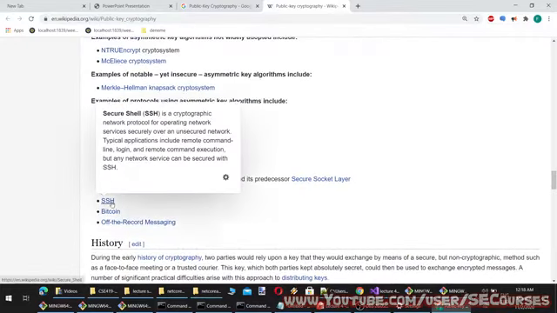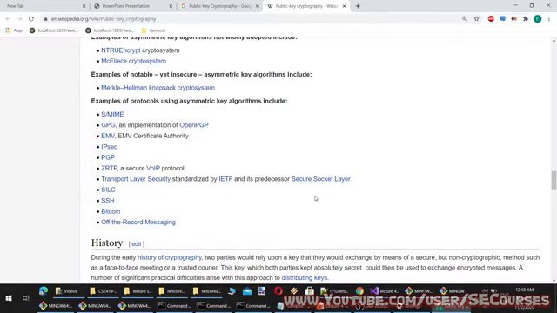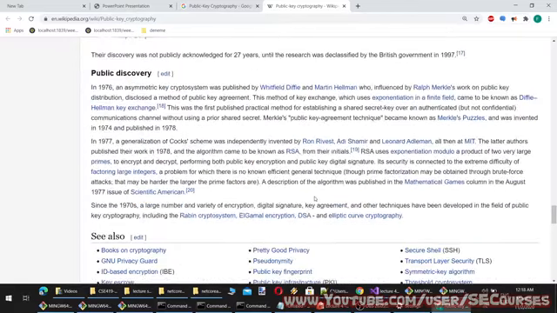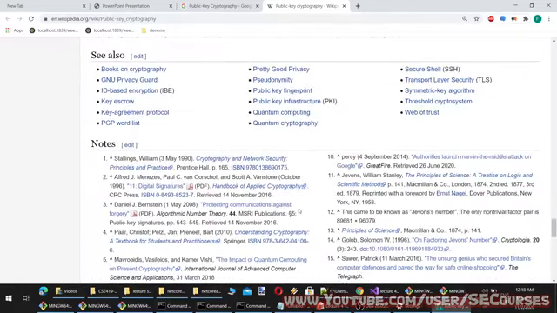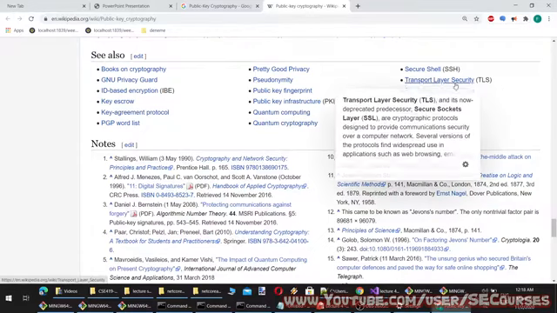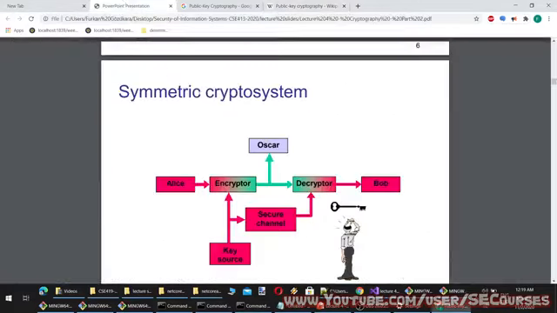You see SSH and TLS. So this is also HTTPS as we know. Okay, we will get more idea about this.